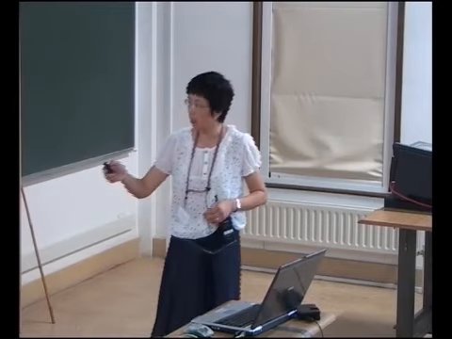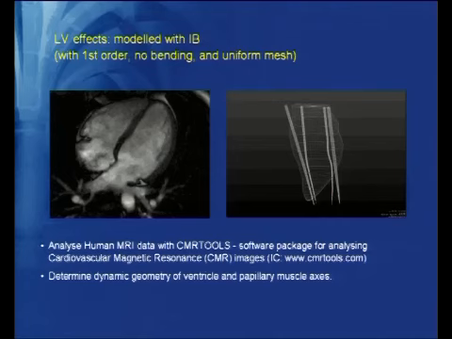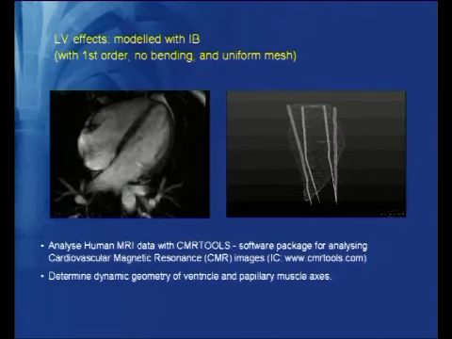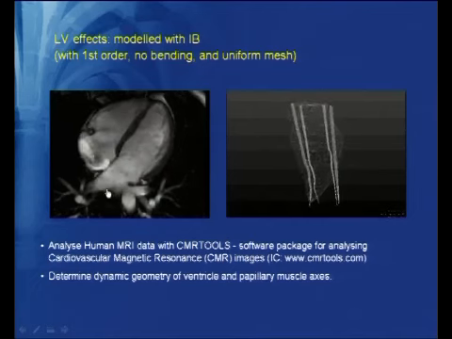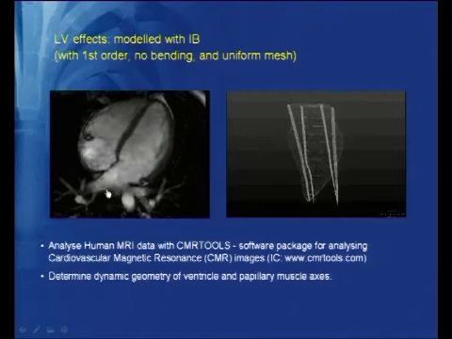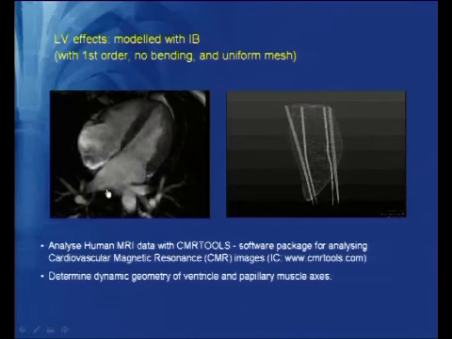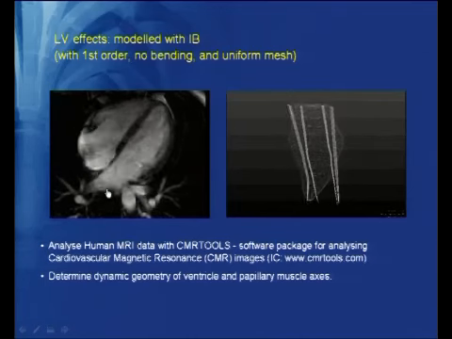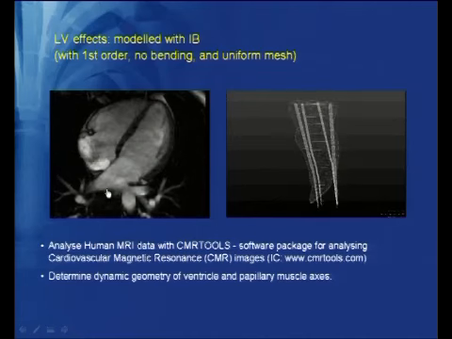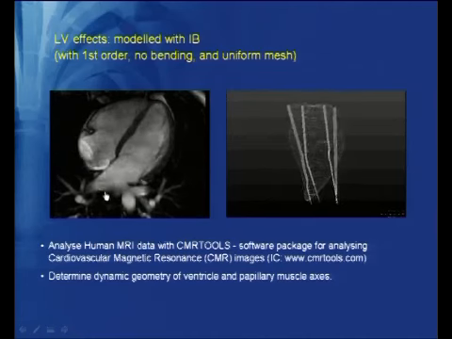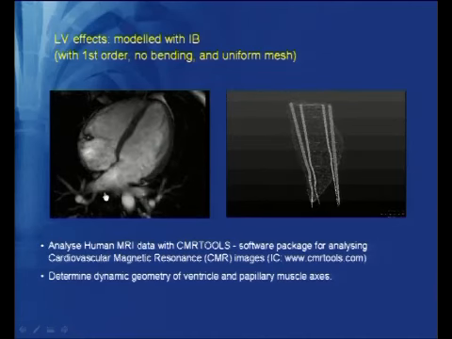The chord is going through the valve and is connected in the end to the left ventricle. So that means you cannot model this in isolation. You need to consider the motion of the left ventricle, but we don't really want to model the heart like Charlie does. So we took a shortcut.